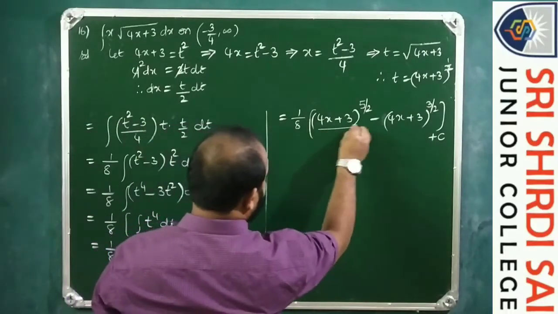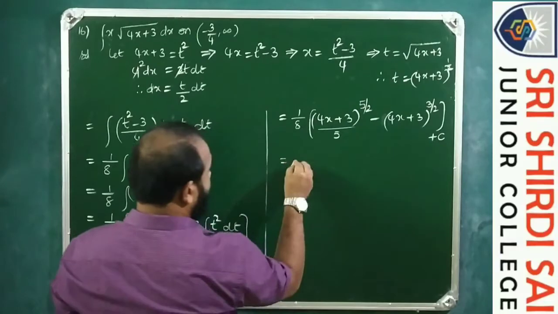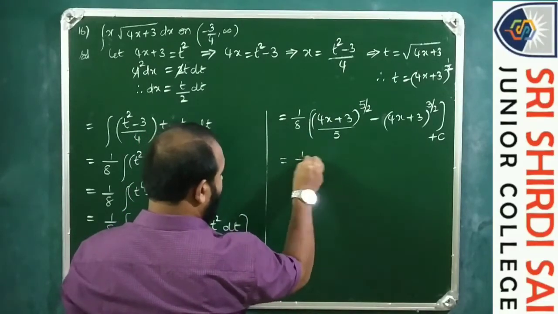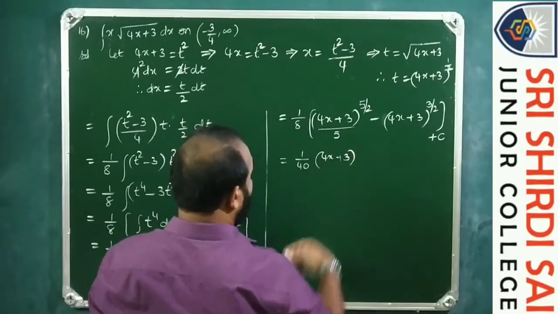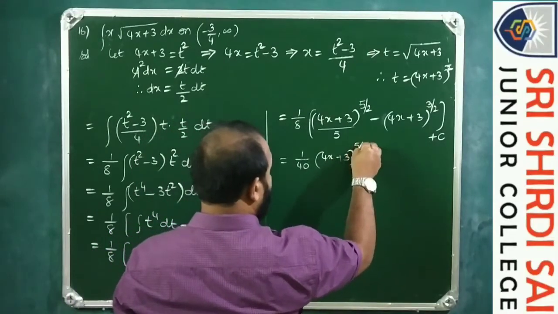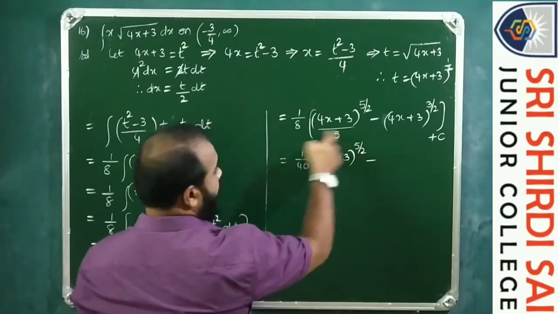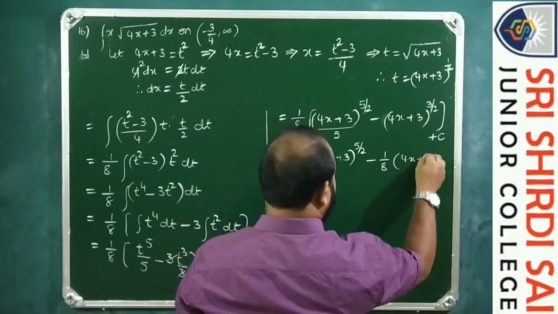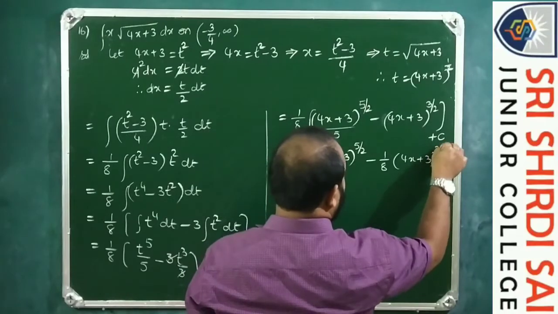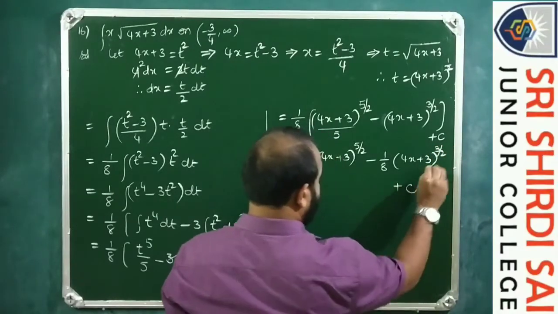So this is by 5. So 8 5s are 40. So 1 by 40 into 4x plus 3 whole power 5 by 2 minus 1 by 8 into this. So 1 by 8 into 4x plus 3 whole power 3 by 2 plus constant of integration c.